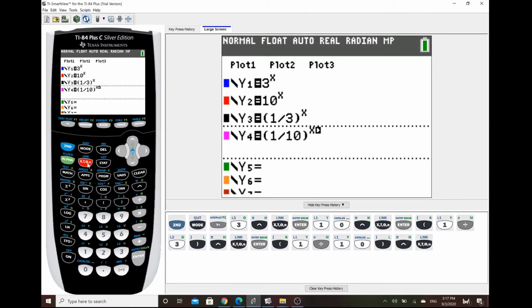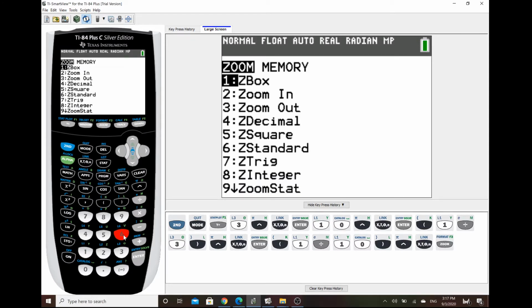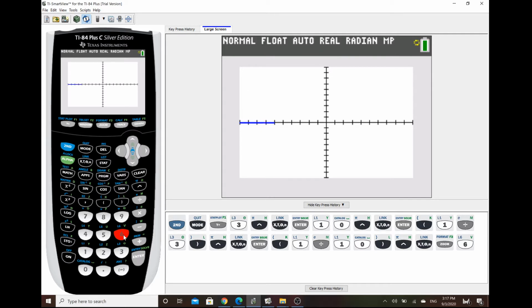Then, to see the entire graph, go to zoom and then standard. Selecting zoom standard gives you the whole perspective of the graph, from -10 to 10 on the x-axis, and -10 to 10 on the y-axis. As the calculator is loading, you can see the first one, which is 3 to the power of x. The rest of the graph should be coming up in a minute.